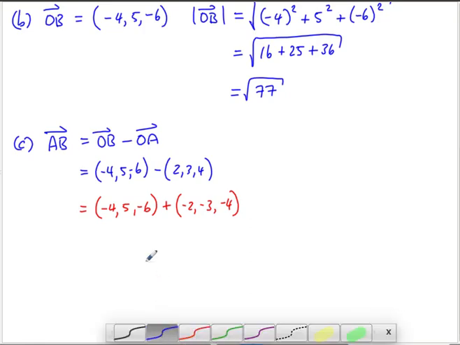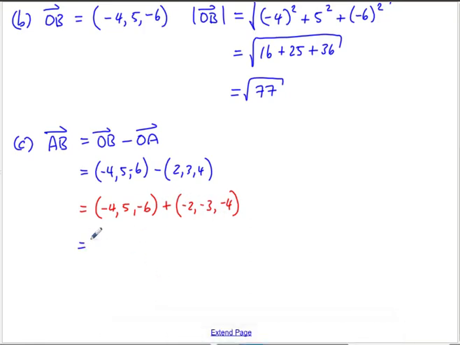I wouldn't bother doing that, but I want you to understand you have that option. Regardless of which of these two you're comfortable with, I would probably just stick with this line right here. So -4 minus 2 gives me -6. 5 minus 3 gives me 2. And -6 minus 4 gives me -10.